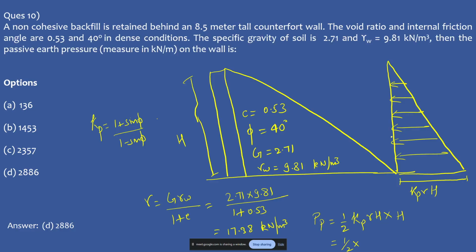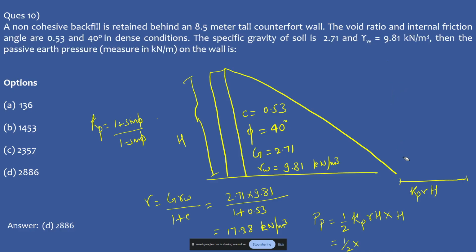They have asked to calculate the passive earth pressure. This stress block diagram will have an orientation in the reverse shape. Let me correct this. Since the retaining wall is moving towards your soil, okay, again I'm making it wrong. That's okay, sir, what you have drawn earlier is okay.